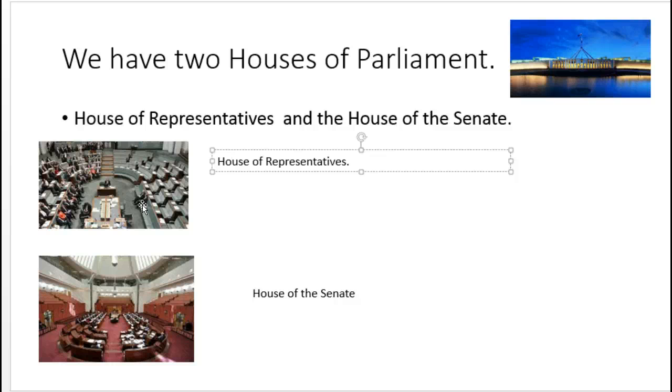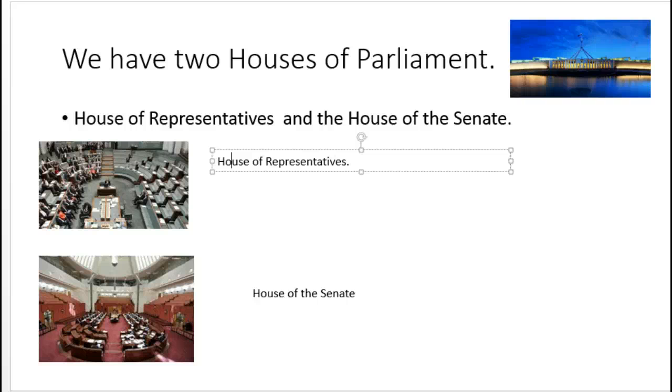It is here where we usually have the Liberal Party and the Labor Party in Australia, 2 separate political parties, and whoever holds the most power are the ones who are leading and the boss of the House of Representatives at the time. And so there's our 2 houses of Parliament, House of Representatives and House of Senate.